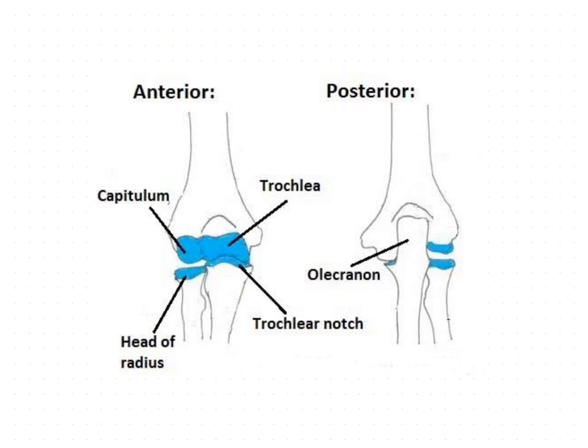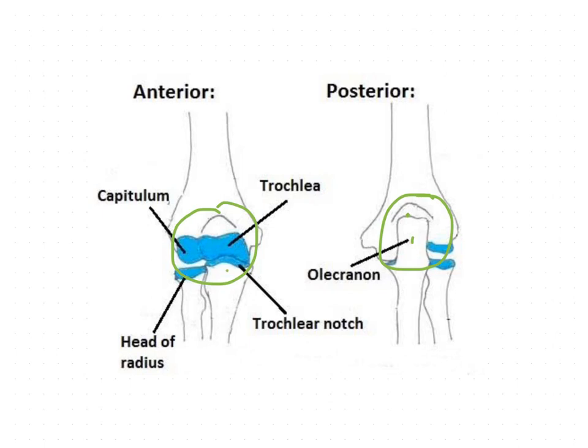So during complete extension as well as flexion, there is some articular stability, because during extension the olecranon process fits exactly into the olecranon fossa, which gives very good stability.